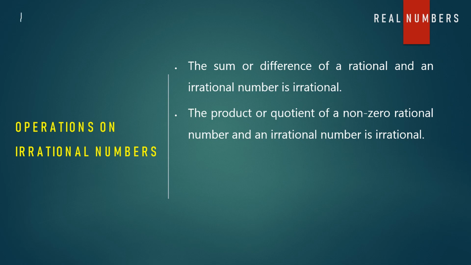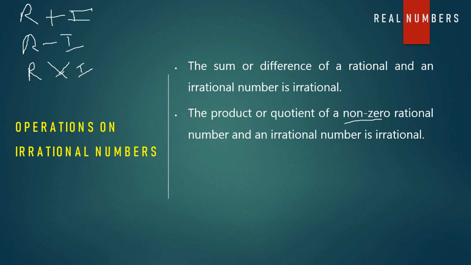Let R be a rational number and I be an irrational number. R plus I is the sum of a rational and an irrational number, R minus I is the difference, and R into I is the product. R should not be 0 because we should take a non-zero rational number.